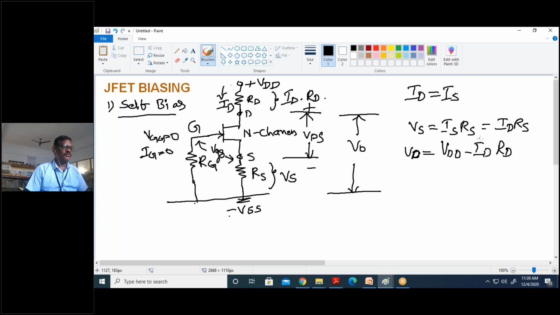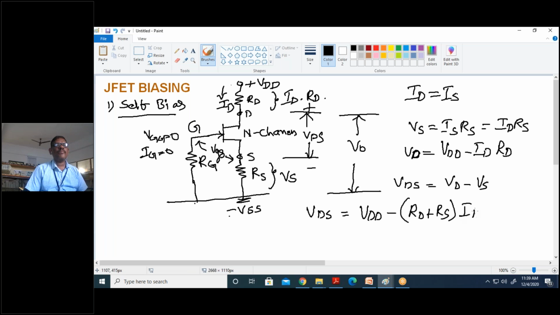The drain to source voltage VDS is equal to VD minus VS, and VDS is equal to VDD minus the ID flowing through the RD plus RS into ID.